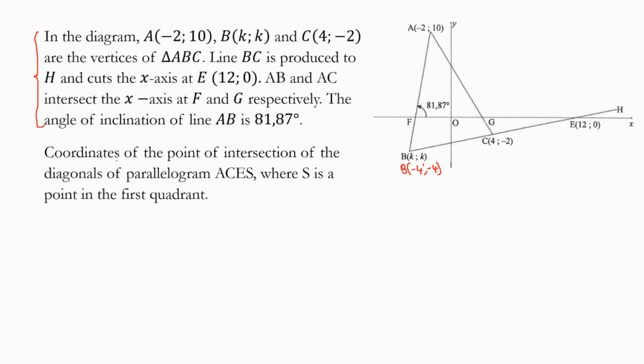So it says: the coordinates of the point of intersection of the diagonals of parallelogram ACES, where S is a point in the first quadrant. S means somewhere here in the first quadrant.